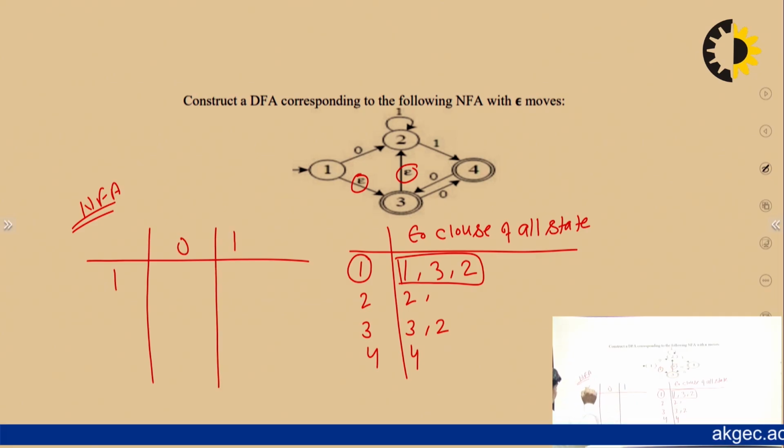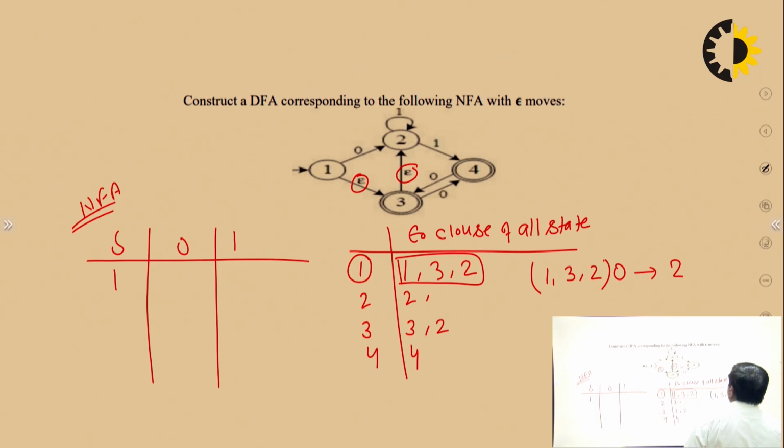On state 1, it means we check the transition of 1 on 0 with states 1, 2 and 3. Now, we check the 0 transition. For 1, that is state 2.